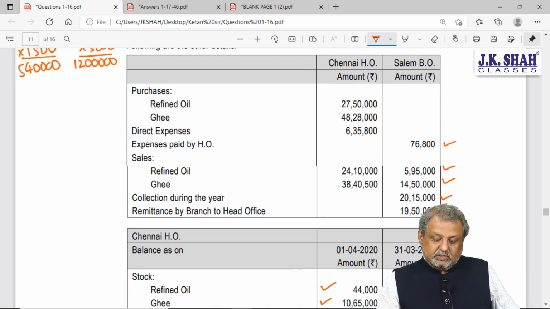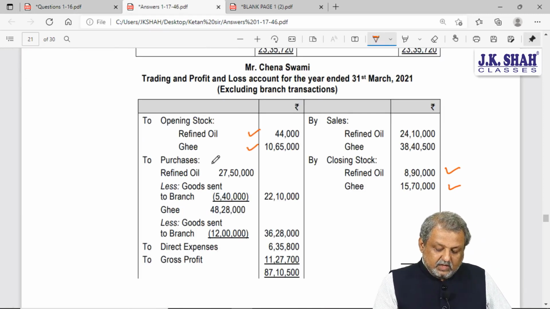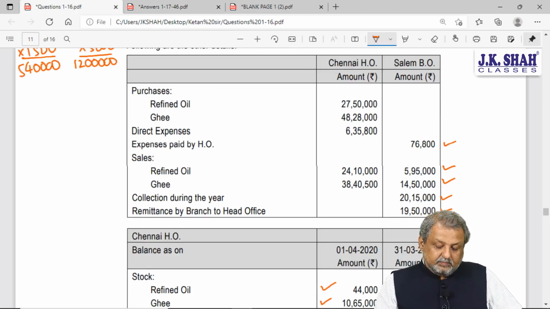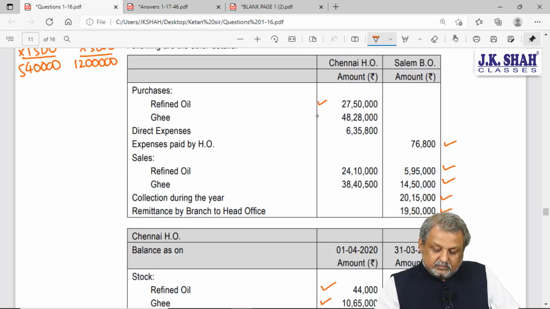Then purchase. So purchase will come on the debit side, but from that whatever goods sent will be deducted. Either you deduct it from here or you write it on the opposite side. It is one and the same, effect is one and the same. Then purchase is done.